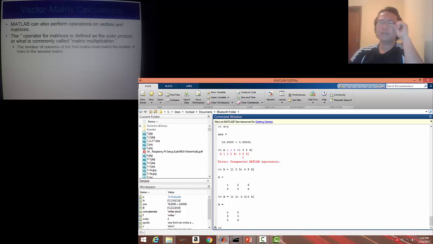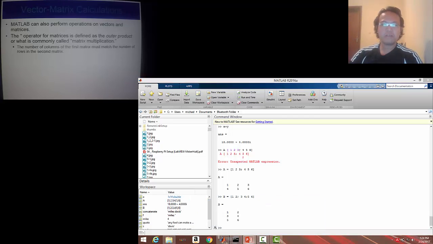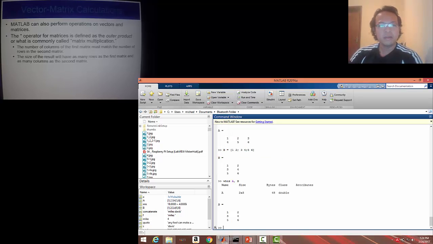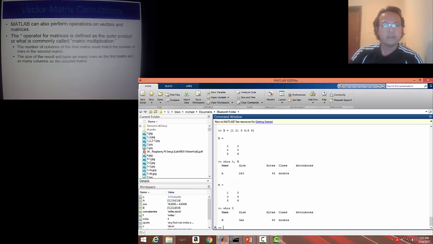Now, when you multiply, we will look at first the slides. The number of columns of the first matrix must match the number of rows in the second matrix. A is a 2 by 3 matrix, remember that? And B is a 3 by 2 matrix.